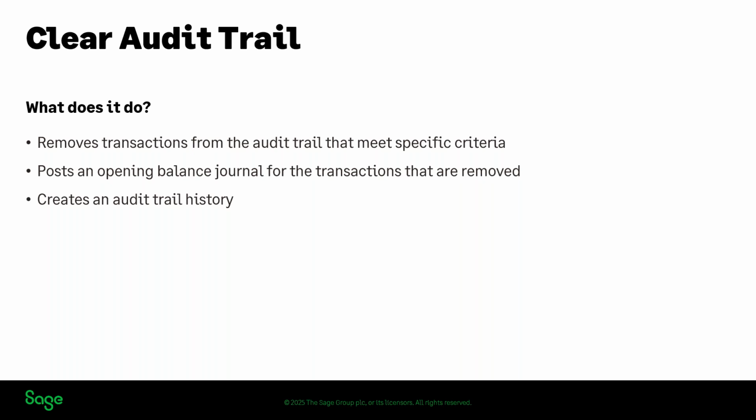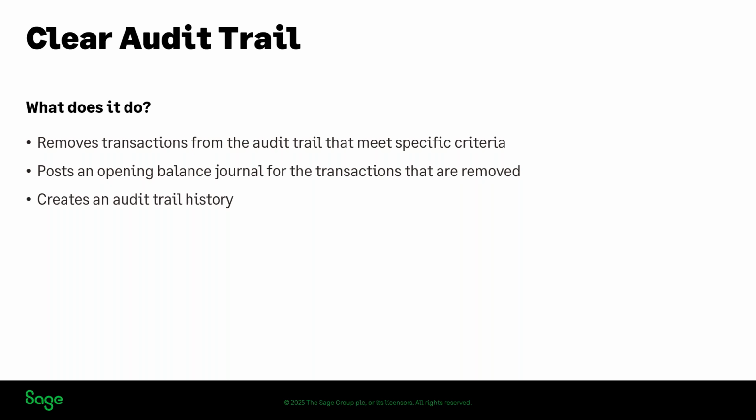So the transactions that appear on your customer activity, your supplier activity, your nominal activity, your bank activity, all those transactions, basically you have an opportunity to clear those transactions. So clearing your older ones, and you will be able to specify a date. But there is criteria, and we'll cover that in a bit more detail in just a moment.